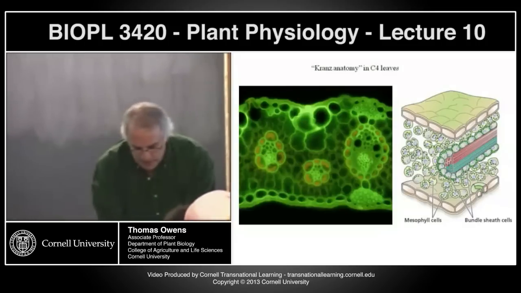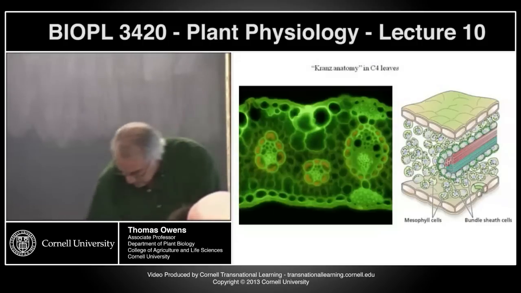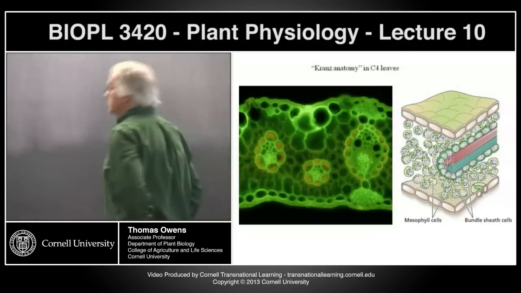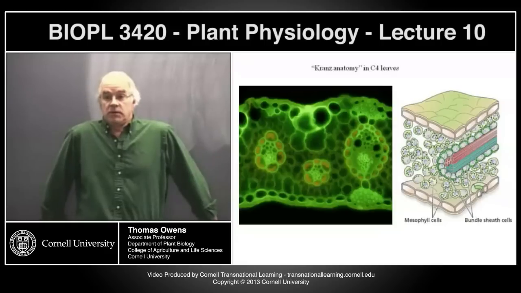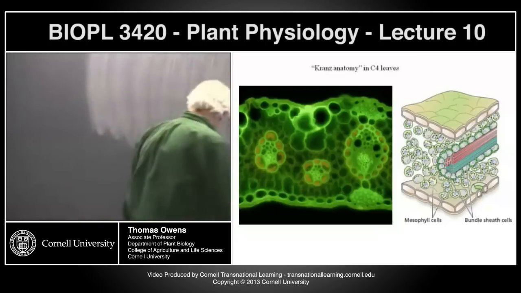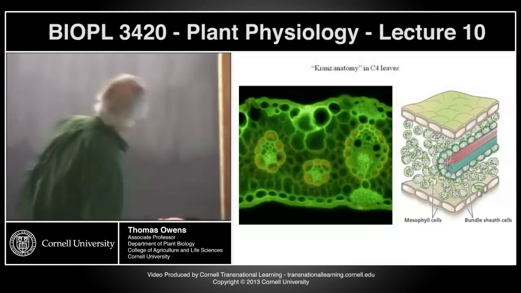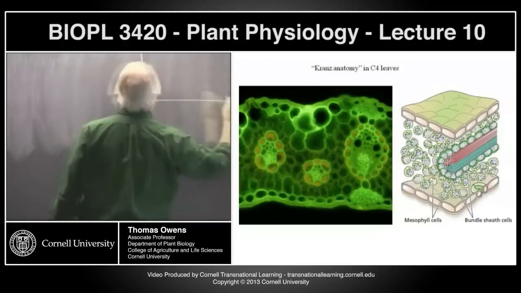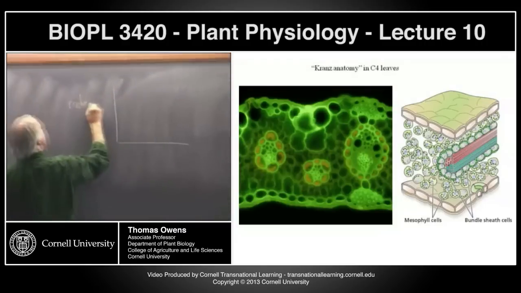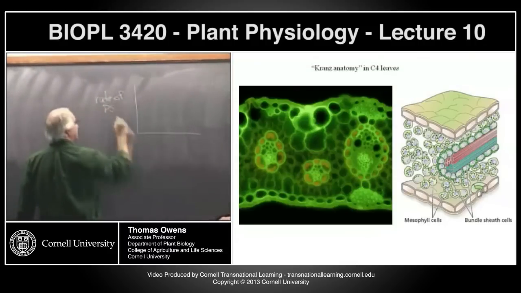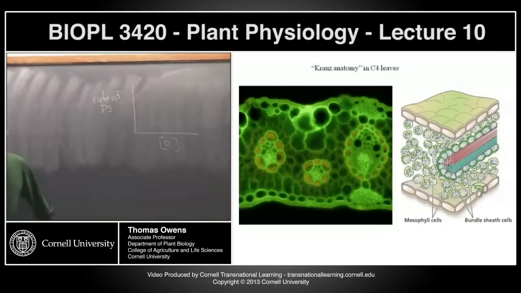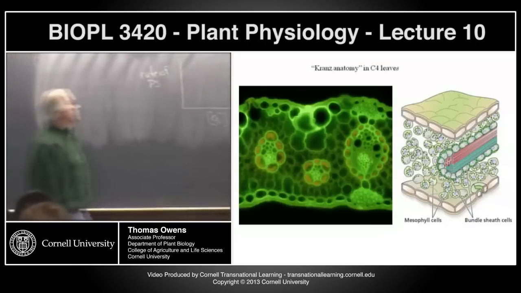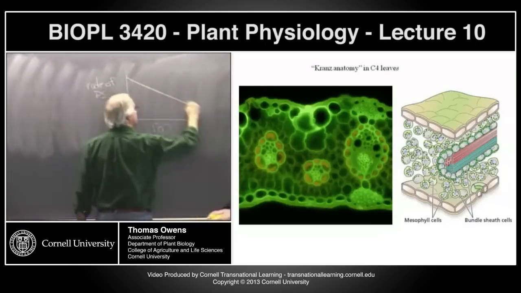Okay, so let's think about how terrestrial plants have gotten around this. And one of the main things that led people to understand that there was a different mechanism of getting around this problem of oxygenation was the fact that if we make a plot of rate of photosynthesis as a function of oxygen concentration, what we see is for the plants that we've been talking about that do the Calvin cycle, the C3 plants, it goes like this.